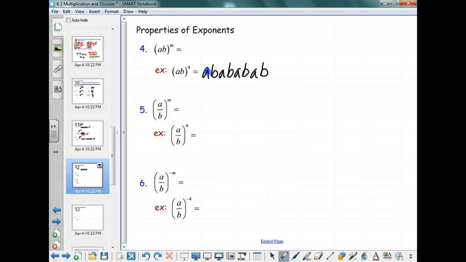That allows me to move these letters around so that it's more helpful for me to write 4 A's and 4 B's. You can move them. And 4 A's is the same thing as a to the 4th. And 4 B's is b to the 4th. And so you can see that that's actually the distributive property that we're talking about here.